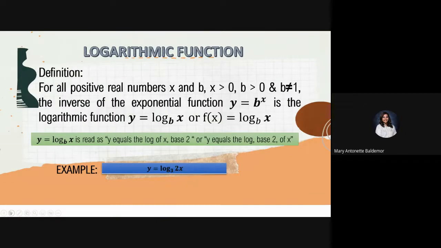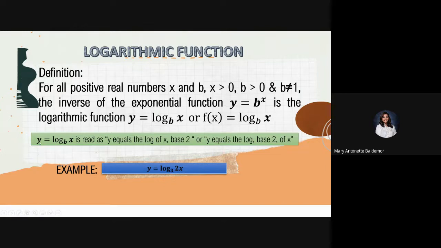Next, the logarithmic function. It is defined for all positive real numbers x and b, x greater than 0, b greater than 0, and b should not be equal to 1. The inverse of the exponential function y is equal to b raised to x is the logarithmic function y is equal to the logarithm of x with base b, or f of x is equal to the logarithm of x with base b.